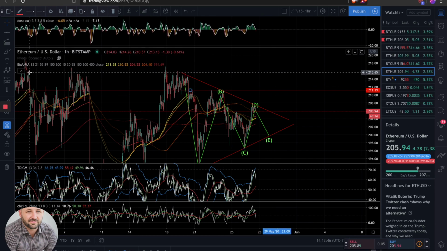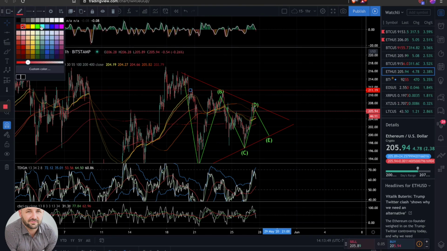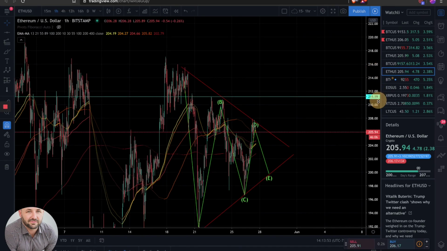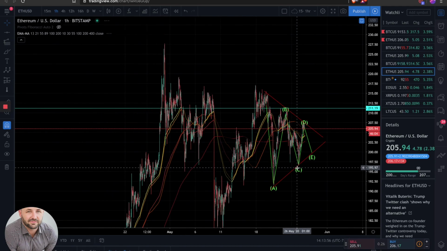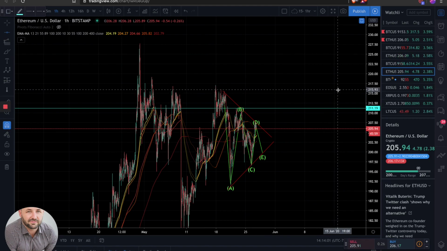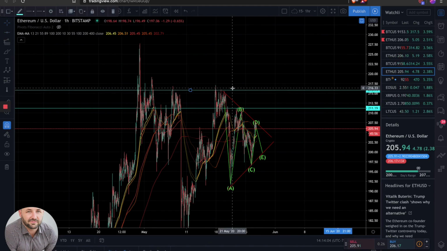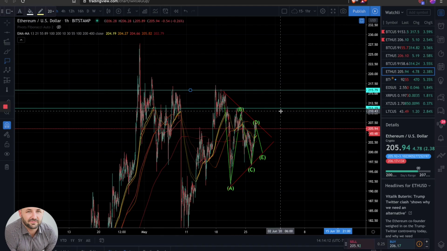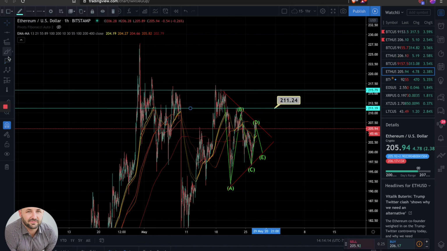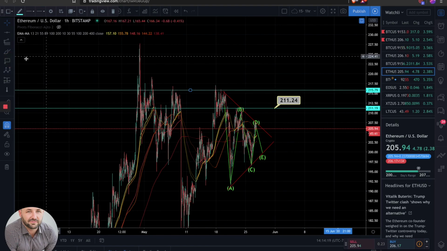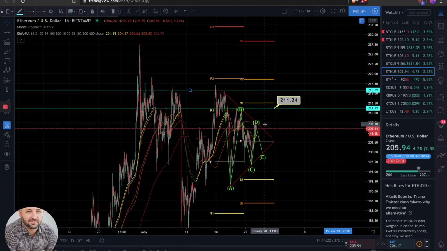So, boom. I'll highlight these a little bit better. Make it a little bigger. All right, some potential zones to watch for on the upside. And then, of course, if you guys see my video for the #1 trading strategy I use, obviously we'll take a look at the pivot points.